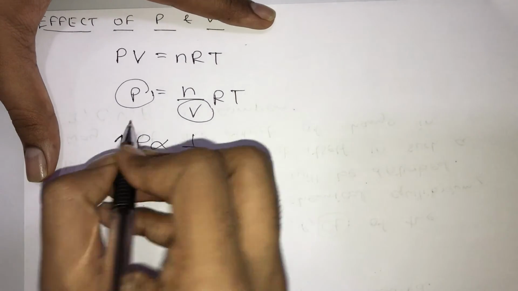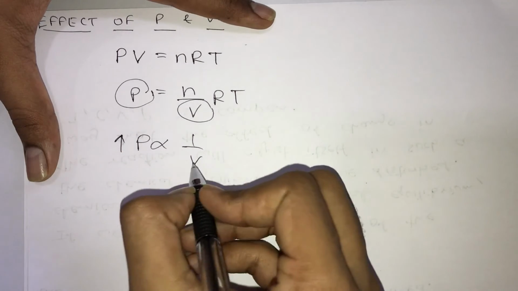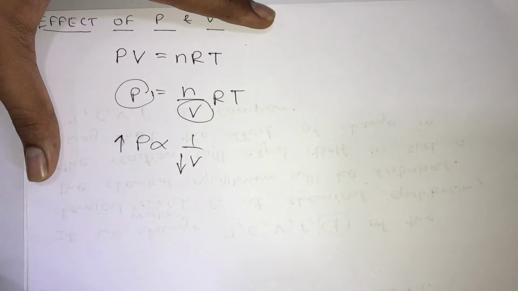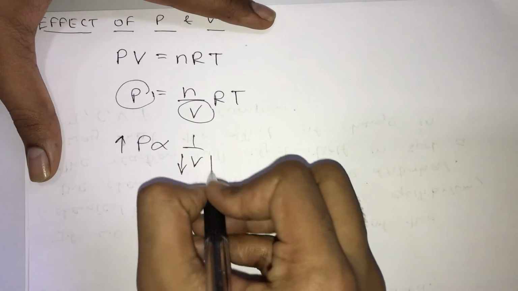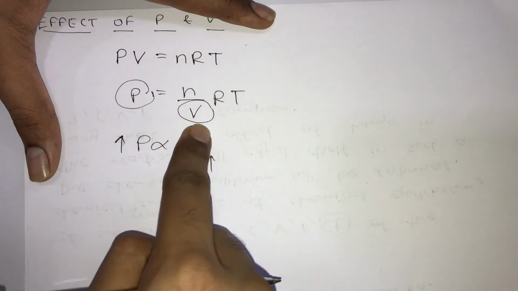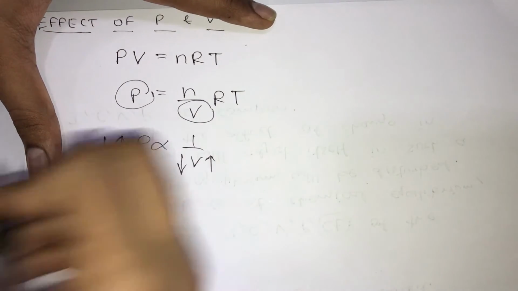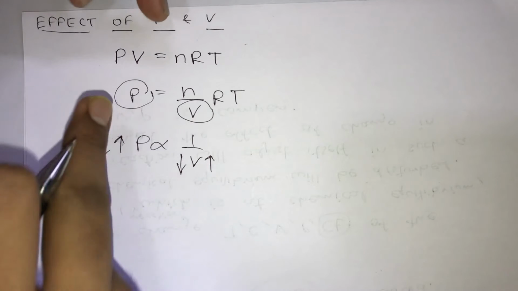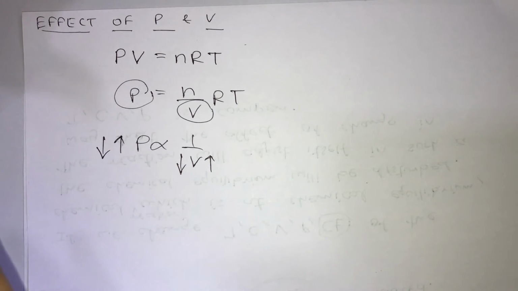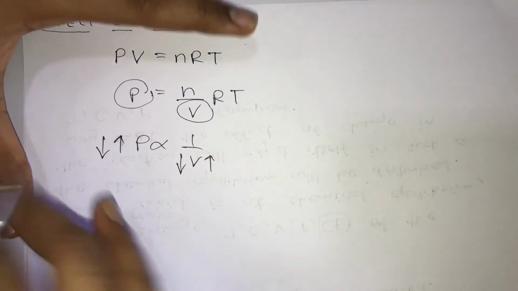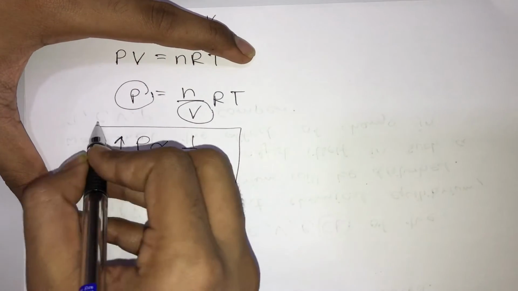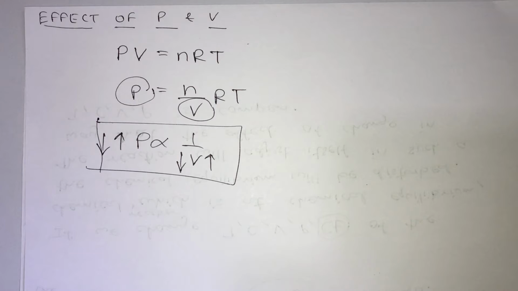Because if you increase the pressure, what is going to happen? Your volume is going to decrease. Or else if you increase the volume, it is obvious that the pressure is going to decrease. So pressure and volume are both inversely proportional to each other. Now we have understood this one thing, that pressure and volume are inversely proportional to each other.